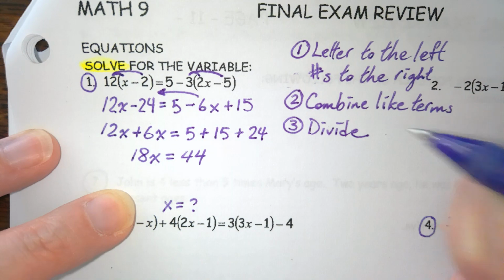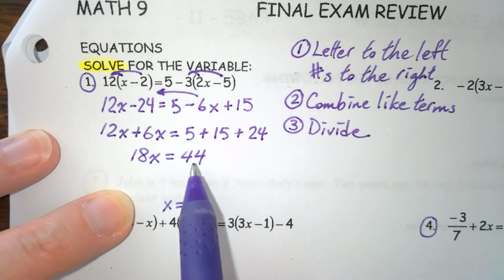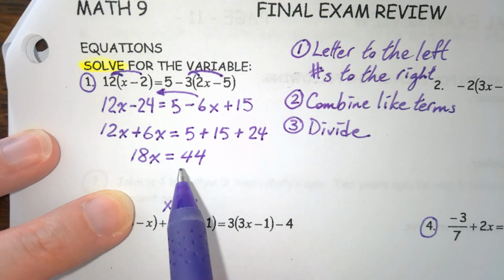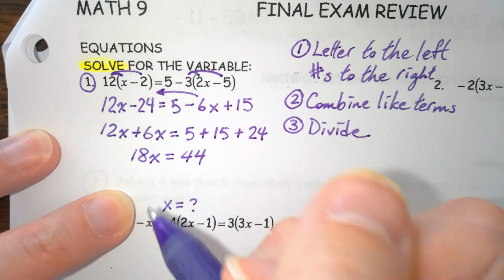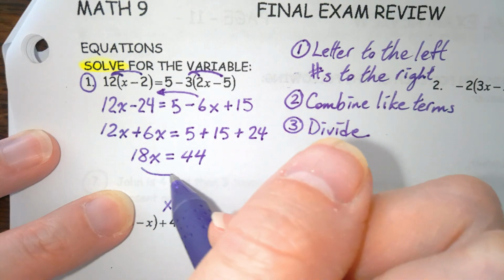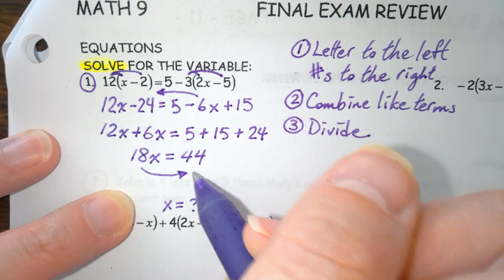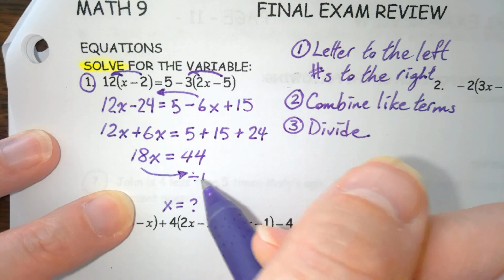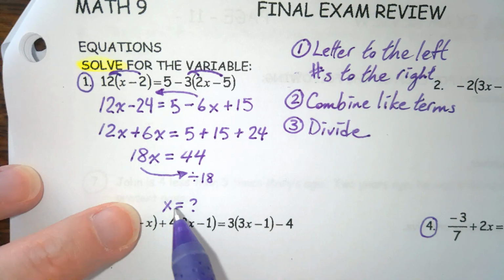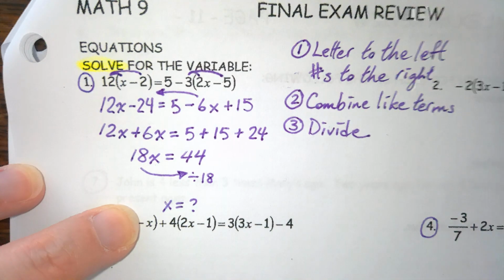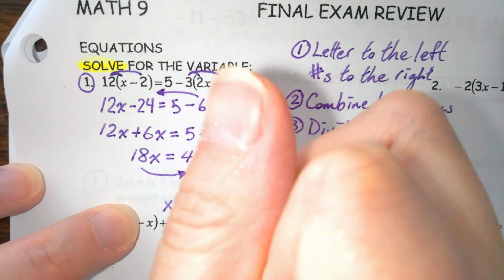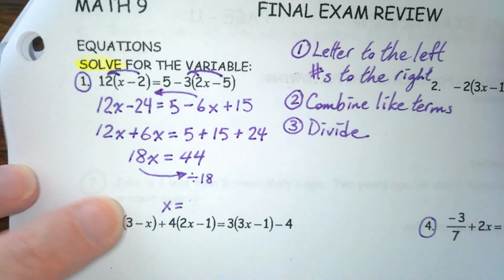I get this question a lot. Do I put the 44 over or do I put the 18 over? I'm moving that 18 over. I'm dividing it by 18 because remember my goal was to get x by itself. So how do I get x by itself? By moving that 18. So 44 divided by 18.